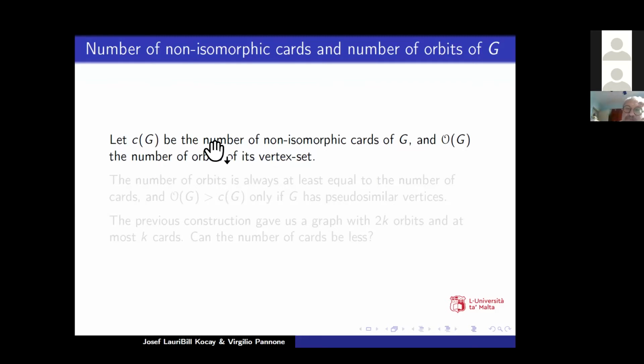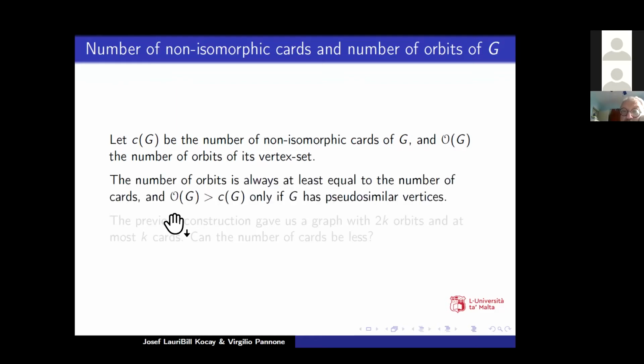Let CG be the number of non-isomorphic cards of G. Let OG be the number of orbits of its vertices. The number of orbits is always greater than or equal to the number of cards, because if the number of orbits were less than the number of cards, it would mean that there are two cards coming from vertices in the same orbit, which is impossible because similar vertices must be removal-similar. But the number of cards can be larger than the number of orbits.